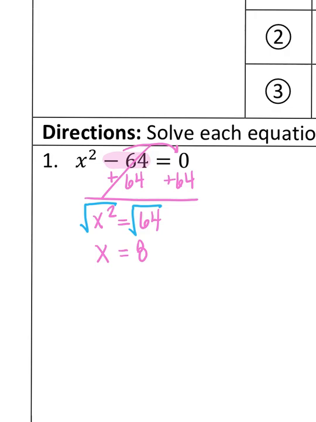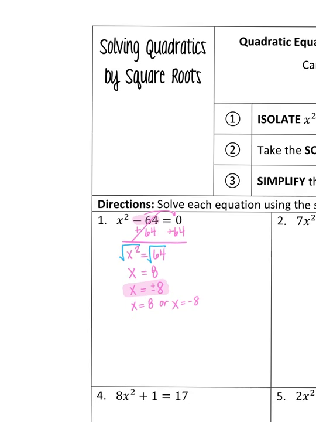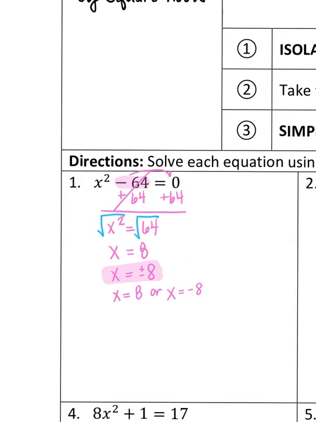Then we add the plus or minus in front. So x equals plus or minus 8, which says x can equal 8, or x can equal negative 8. Again, it's just like solving equations, except we take the square root at the end so we can get x by itself.